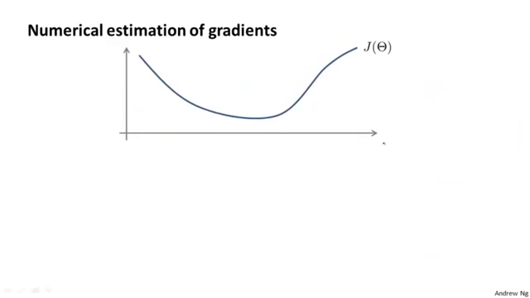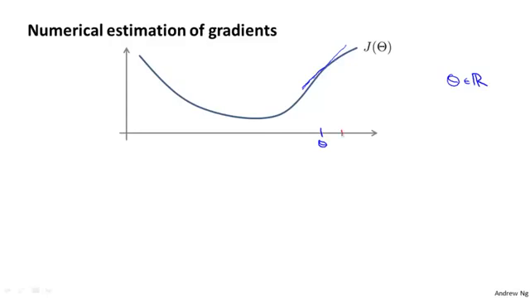Consider the following example. Suppose I have a function J of theta, and I have some value theta, and for this example, I'm going to assume that theta is just a real number. And let's say I want to estimate the derivative of this function at this point, and so the derivative is equal to the slope of that tangent line. Here's a procedure for numerically approximating the derivative.